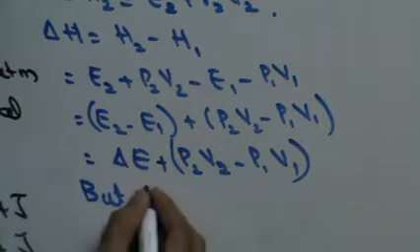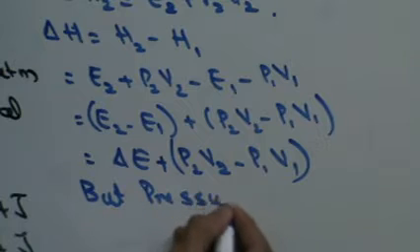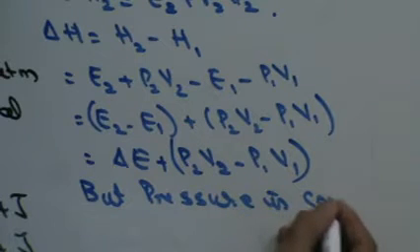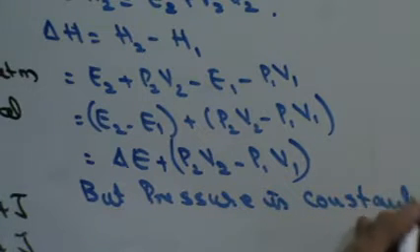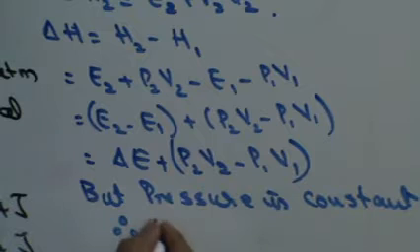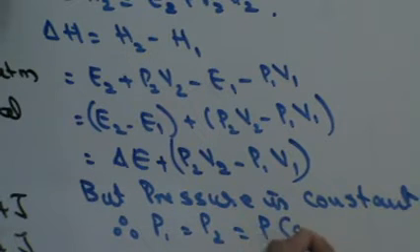But since we are calculating enthalpy, what is enthalpy? Enthalpy is the heat absorbed or evolved at constant pressure. Therefore the pressure is going to be constant. Since pressure is constant, P1 is equal to P2 is equal to P, assumed.